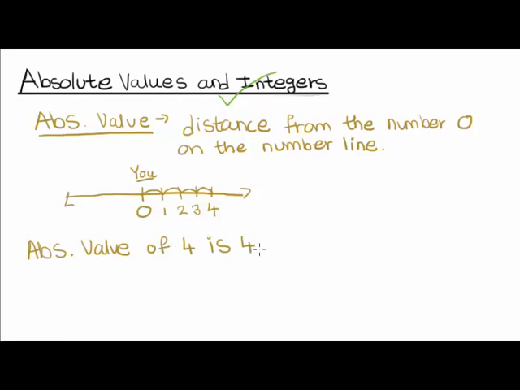And so the absolute value of 4 is 4. Okay, so similarly, can you tell me what the absolute value of any negative number would be? So if I start off at 0, then I move on to -1, -2, and I want to know what my absolute value of -3 is. So if I'm starting off here, how many steps or how much of a distance would I need to travel from 0 to reach -3?